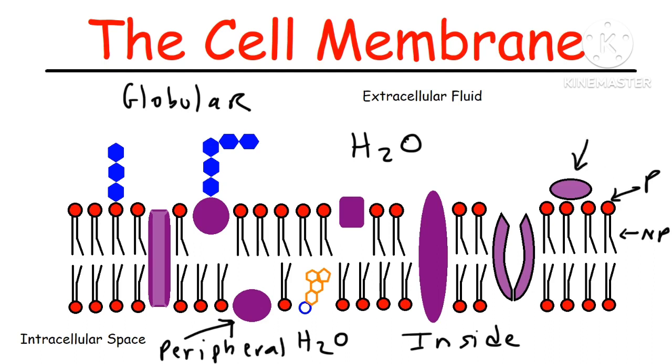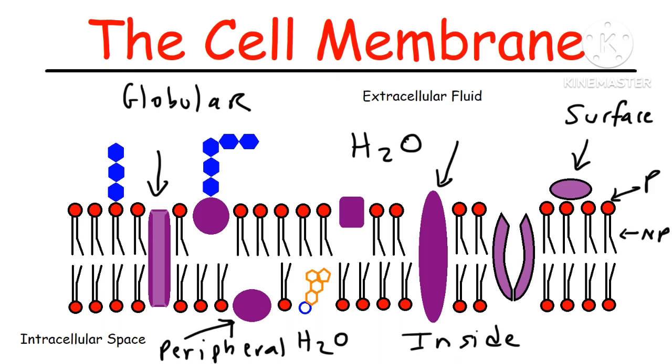This protein here is known as a surface protein because it's on the surface of the phospholipid bilayer. Now, how would you distinguish these two proteins? By the way, this is another peripheral protein, but it's not a globular protein.